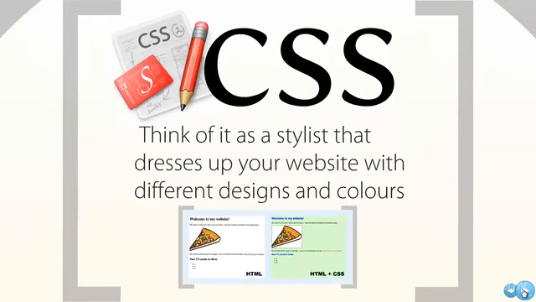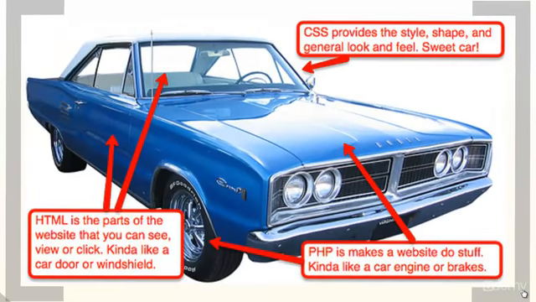Last of all, we're going to be having a look at CSS, which stands for Cascading Style Sheets. If we think of HTML as the car, it's got four wheels, it's got a windscreen, it's got lights. But the CSS makes it look sexy. So HTML is what you see, and CSS is how you see it.